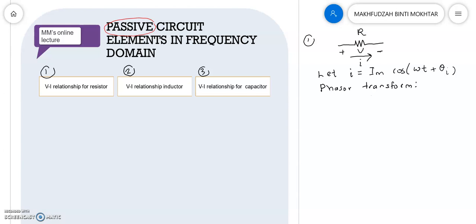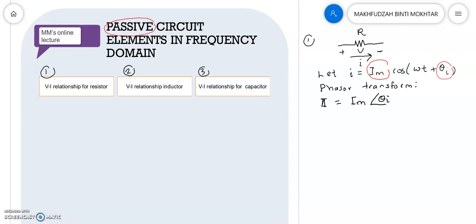In the phasor transform, we use capital I instead of I to show that this current is now in the frequency domain, and we look at the value of Im and the phase angle, theta I. Then we can rewrite this I in terms of the phasor transform as Im with this angle symbol to show the phase angle theta I.